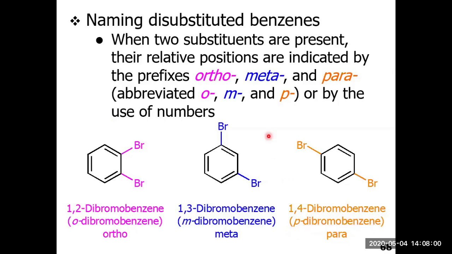Again, we use the ortho prefix to denote a 1,2 substitution. We use the meta prefix to denote 1,3 substitution. And we use the para prefix to denote 1,4 substitution of the benzene rings.